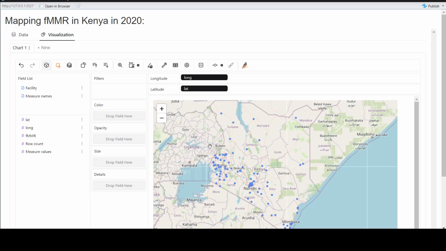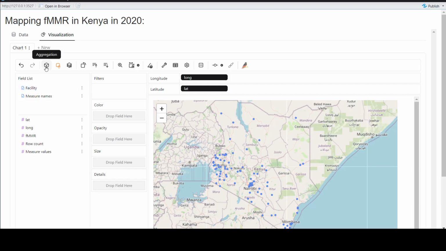So what we can do is look at FMMR, and we can disable this feature which is called aggregation, which aggregates the values that you put in. So if you have, for example, the number of deaths, it will aggregate them. But we don't need that right now.